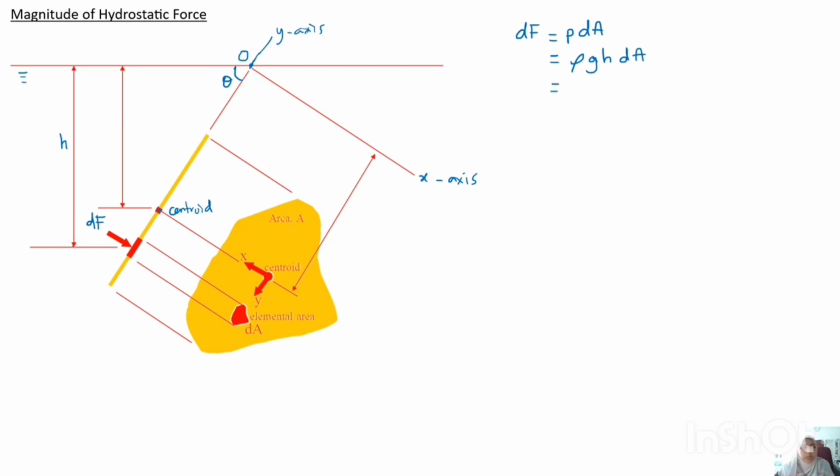If this is the y-axis, the inclined distance from the water surface to the line of action of the force is called y. If we draw a triangle, you should get a relationship between h and y at a certain angle. Sine theta is h divided by y, so h can also be written as y sine theta.